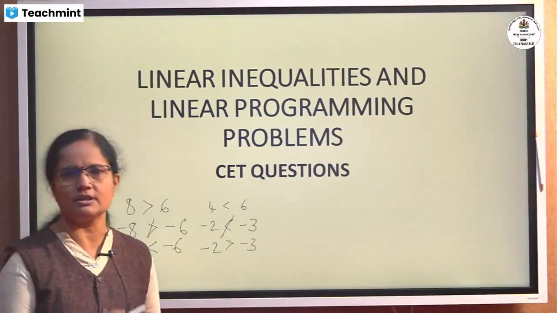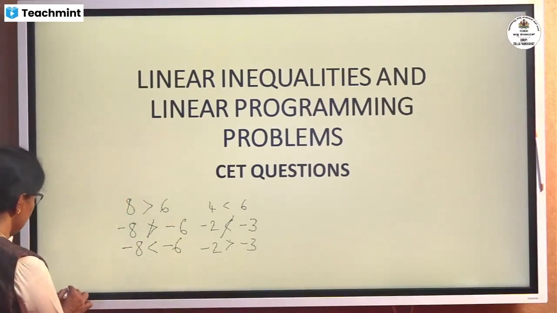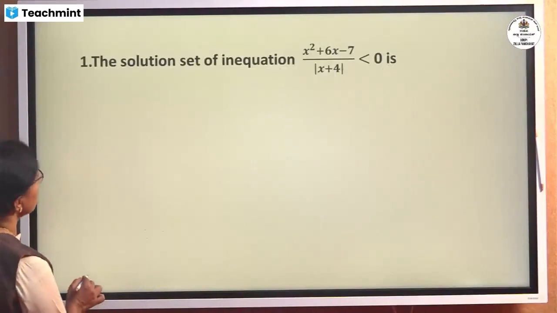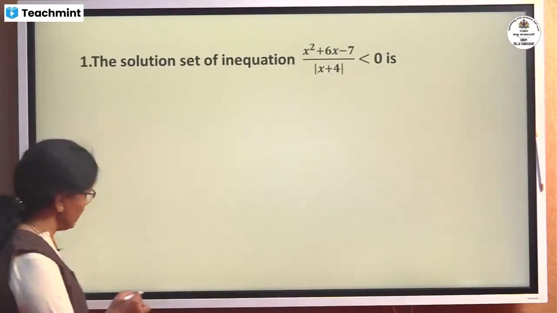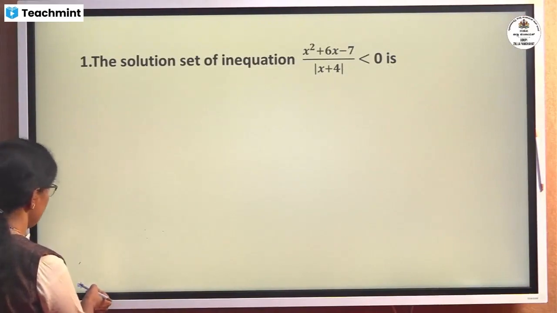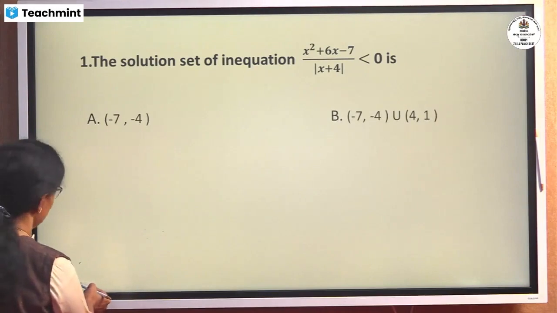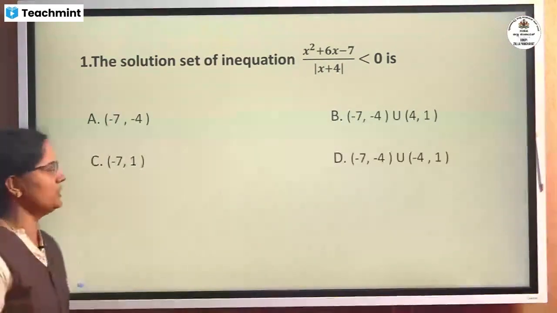Let me go for the questions one by one directly. I will go for the first question. The solution of the set of inequation, one inequation is there, and the options are: open interval -7 to -4 is the B option, then the C option, and here you have the D option.